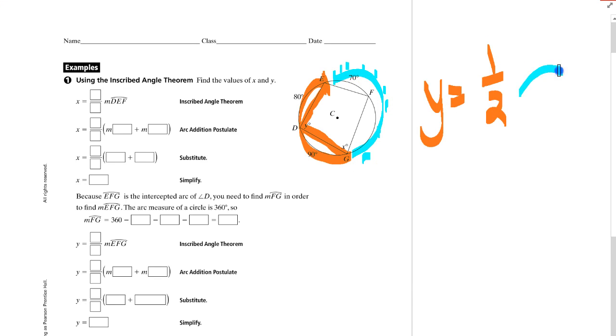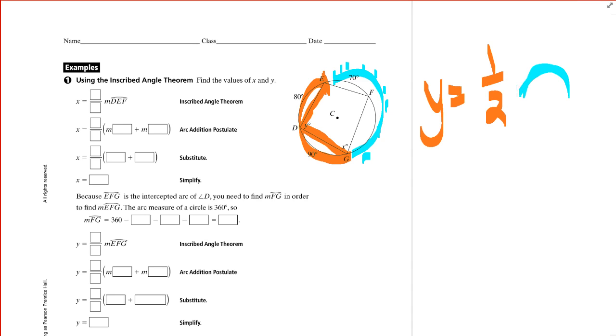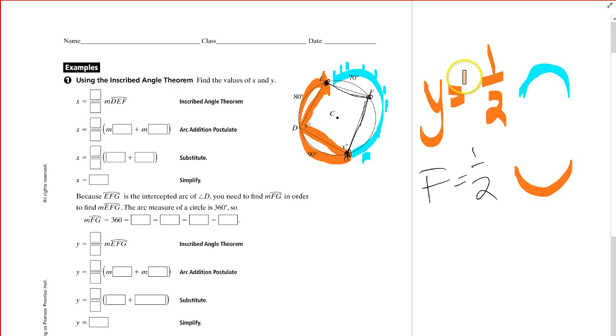And also, if I talk about this angle here, because it lands in the same spot, this angle will be half of the orange arc. And together, they make an entire circle.